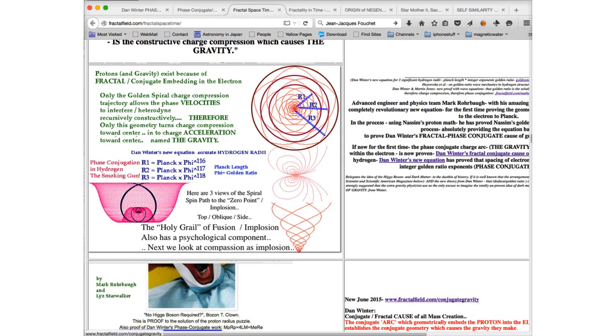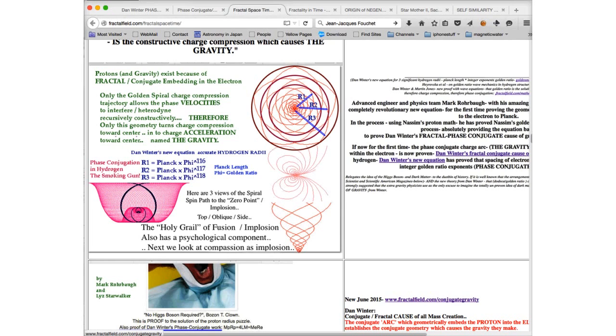Obviously, Planck length and time is kind of the universal black hole, and this introduces Nassim's work as well. So I began putzing around with radii of hydrogen, which Hayrovska had shown were related by golden ratio. I said, oh, the distance to center must also be golden ratio. And what would it be golden ratio to? The little black hole at the center of hydrogen called Planck length and time.